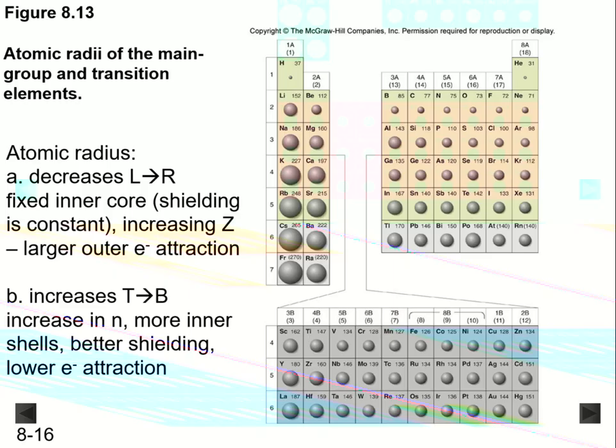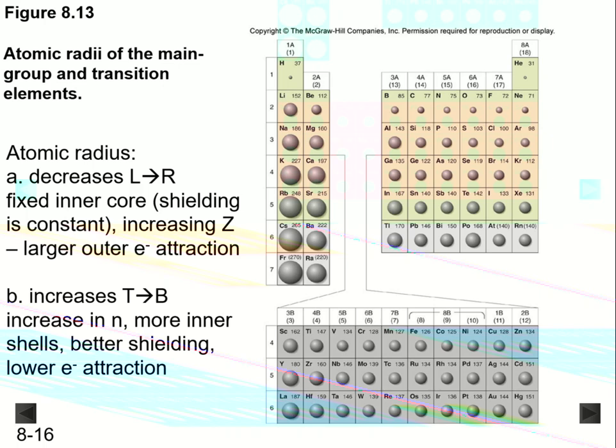Hydrogen, of course, is quite small, 37 picometers. Lithium is 152 picometers. Sodium is 186. Potassium 227. Rubidium 248. Cesium 265. So as we go down group 1 from top to bottom, the atoms get bigger and bigger.